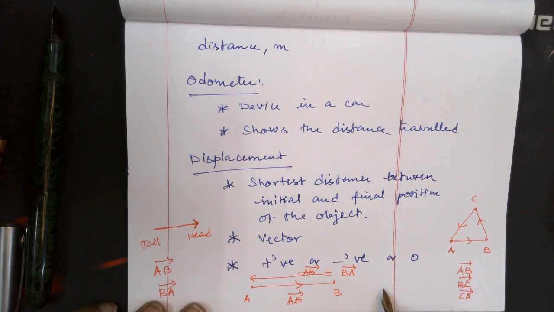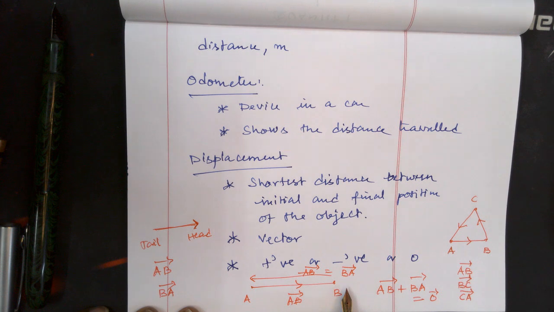Now I have traveled AB, and then I have returned, that is BA, correct? What is the net displacement? Zero displacement, because I come back to the original position. Let me say this is 5 kilometers towards east, and I come back to the original position, that is towards west.